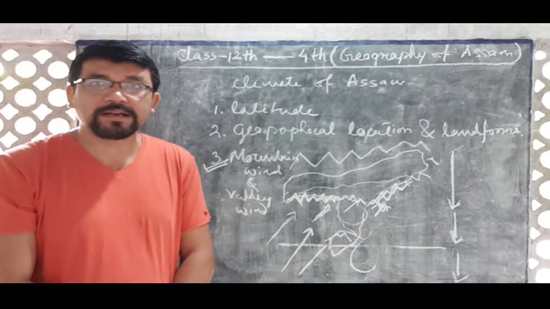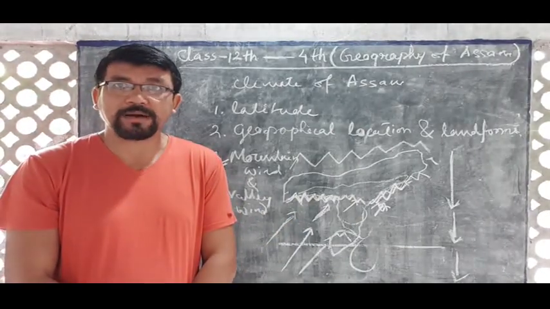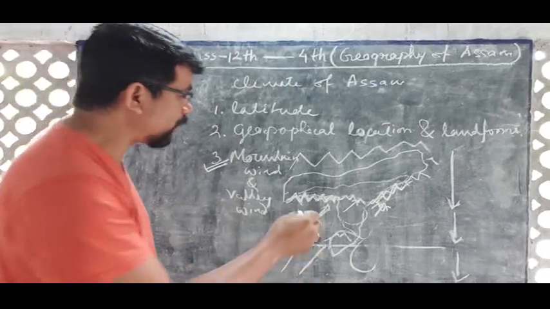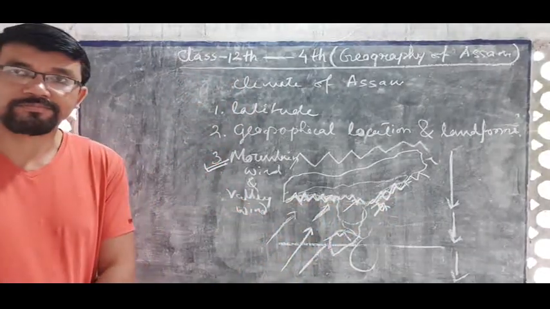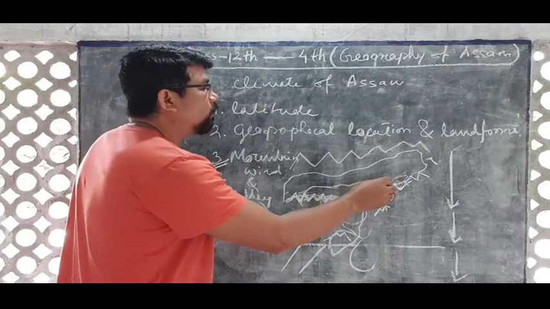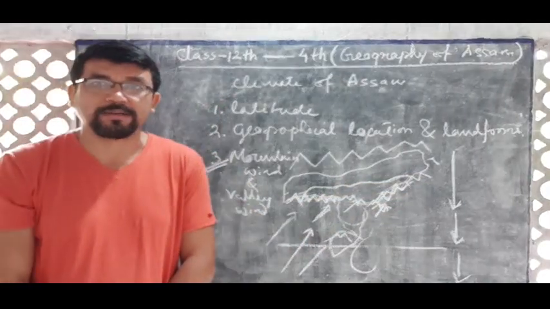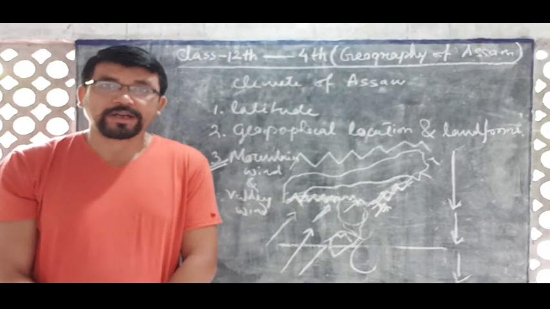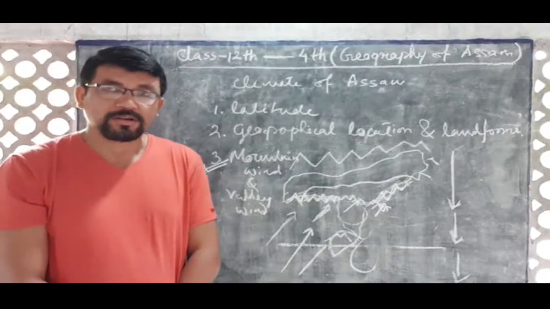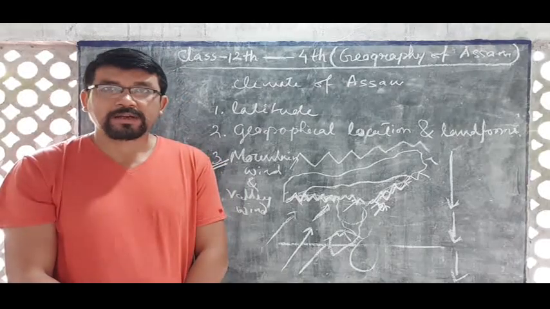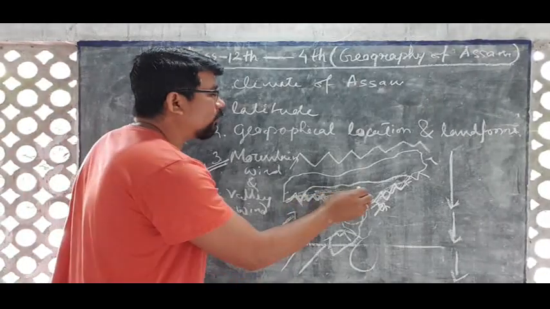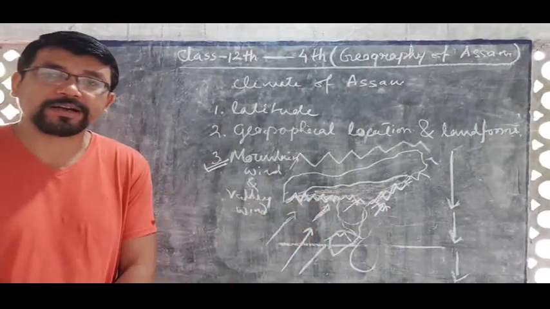The monsoon protection is only somewhat, because the hilly region is not of such good height like the Himalayas, isn't it? So some amount of moisture or wind is blocked by these mountainous hilly regions. And because of this, the backward, that is the leeward side of this region, is totally a rain shadow area of Assam. Where is it located? Nagaon, Morigaon district of Assam, Karbi Anglong district of Assam, and part of Golaghat district of Assam, which have a very low amount of rainfall in the summer season, in the rainy season.